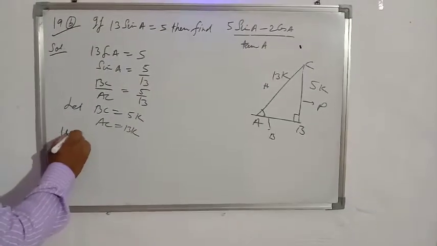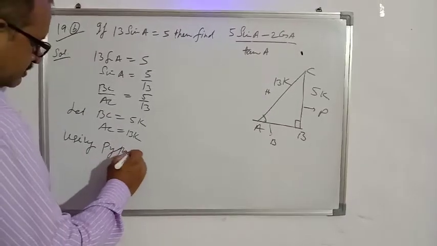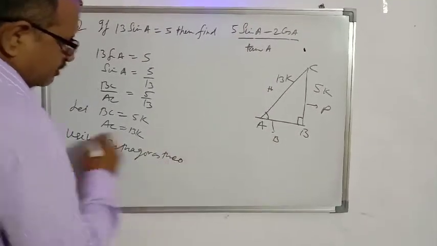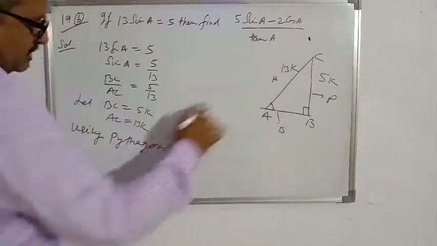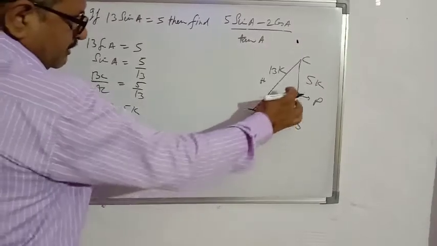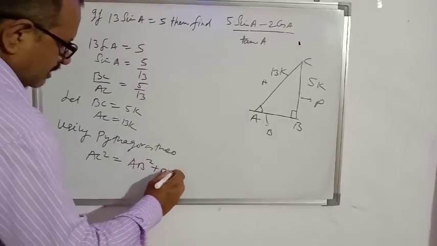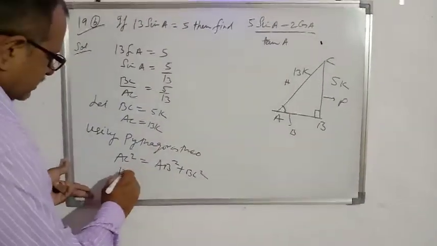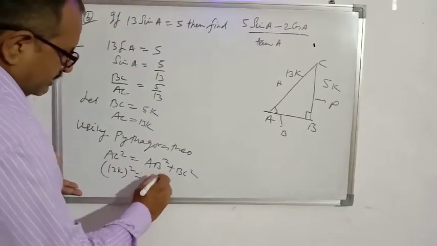So using Pythagoras theorem, we will write hypotenuse square, means AC square, is equal to AB square plus BC square. AC is what? 13k. Write 13k whole square. AB we have to find.